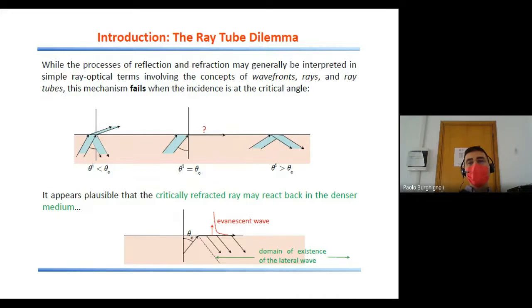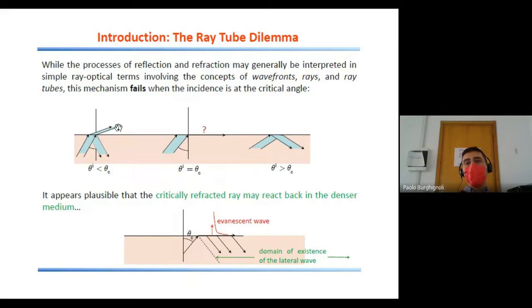Now, the point is that exactly at the critical angle, something quite strange occurs, because, since the transmitted angle is equal to pi over 2, the transmitted ray tube shrinks to a zero cross-section. So actually, there is no space for power to go, which is quite strange because power must be conserved. So that power must go somewhere.